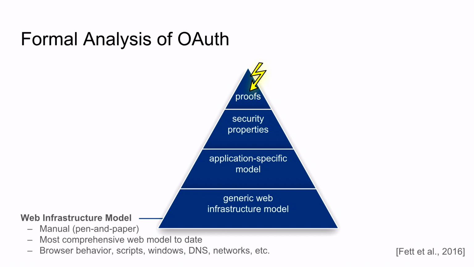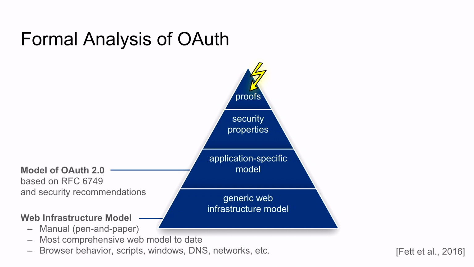And using that model, I created a model of OAuth 2.0. So I just took RFC6749 and all the other security recommendations out there to build a model of OAuth with all the security features that were known to date in place, because I was not interested in finding any attacks that we already know about.